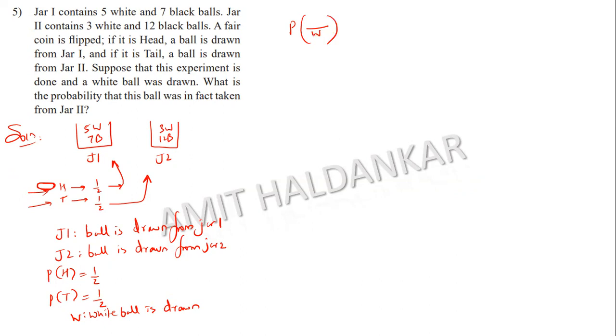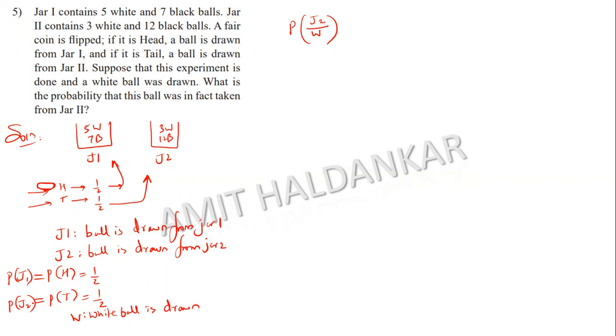What is the probability that this was in fact taken from second jar? Second jar means I can say J2. Okay. So over here, again, probability of selecting jar 1 and jar 2 is again half and half, because it depends on indirectly head and tail.